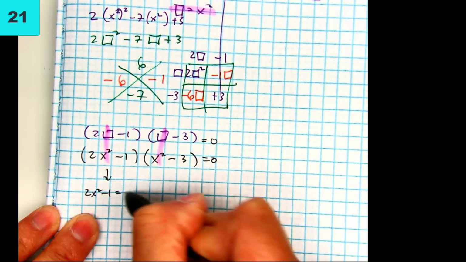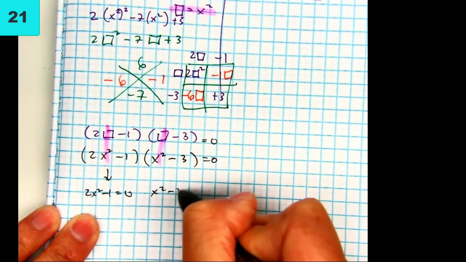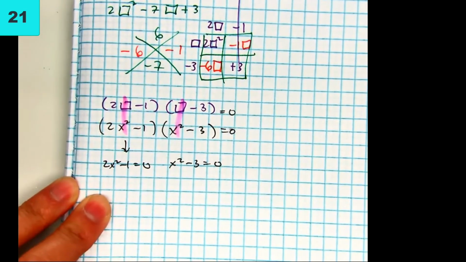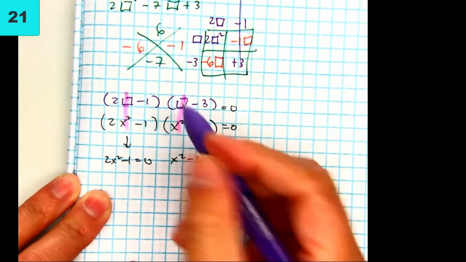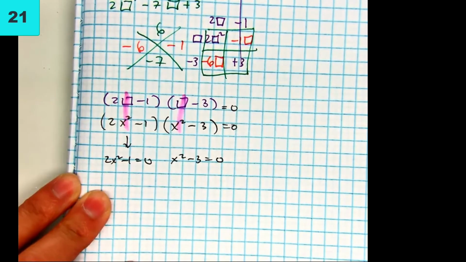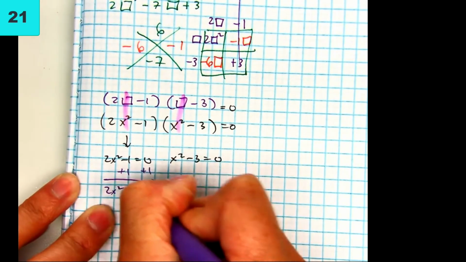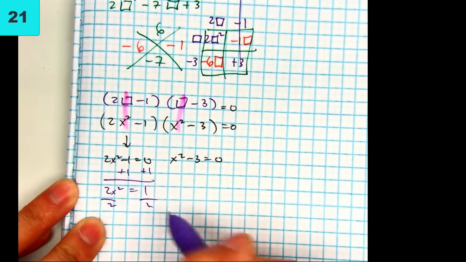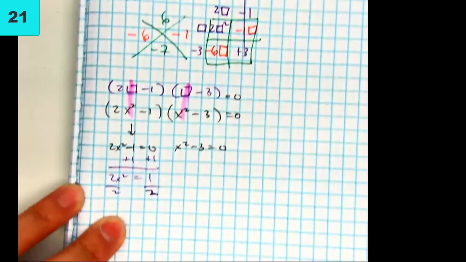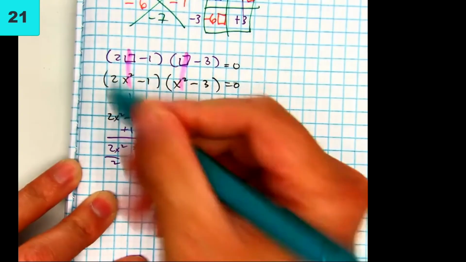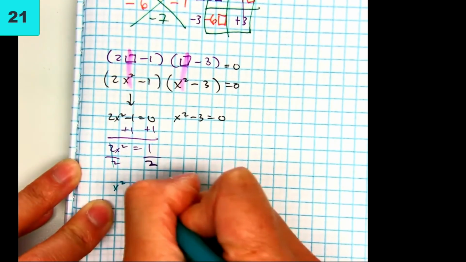2x squared minus 1 equals 0. X squared minus 3 equals 0. Remember, when you're solving, you're doing PEMDAS backwards, so I'm going to add 1 both sides. Divide by 2. X squared equals 1/2.